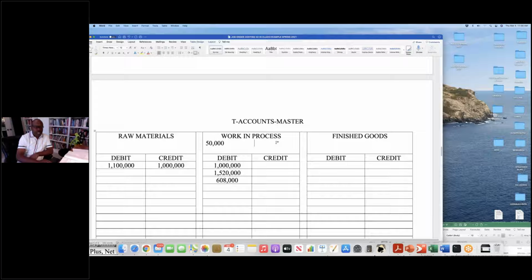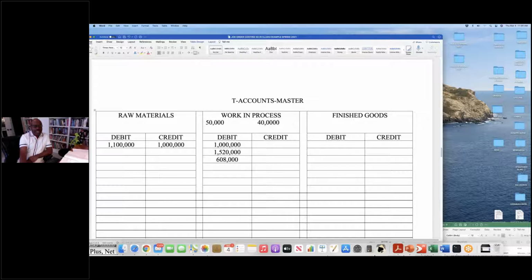Okay, so we were supposed to make 50,000. That was what was in the plan, but we only made 40,000. So when we transfer costs from work in process to finished goods, we're only transferring out 40,000 units.